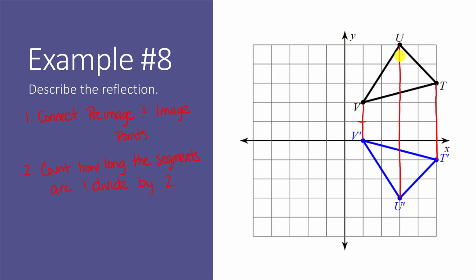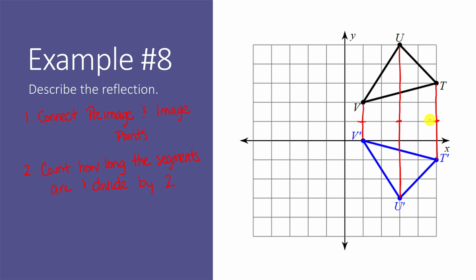U prime, 1, 2, 3, 4, 5, 6, 7, 8. So 8 boxes long. So half would be 4. 1, 2, 3, 4. And we have T prime. 1, 2, 3, 4. Half of that would be 2. 1, 2.